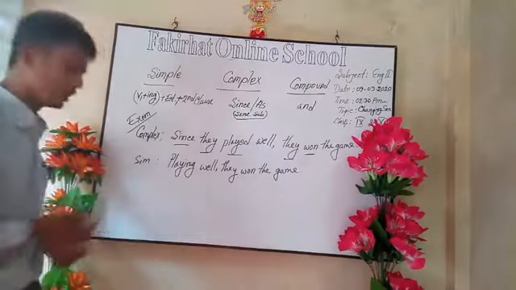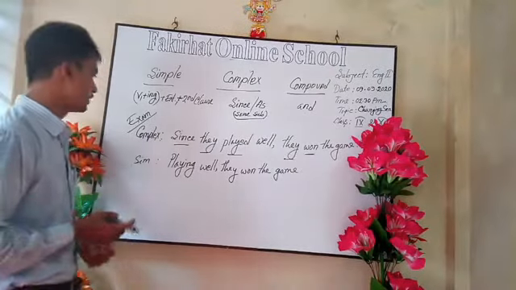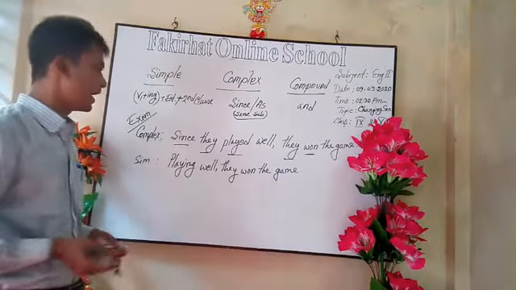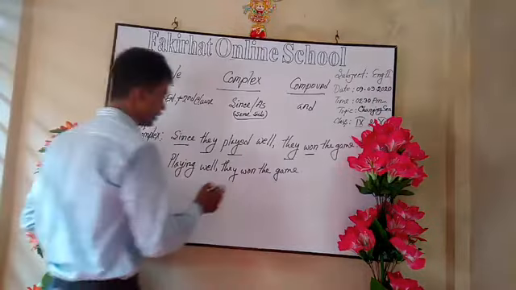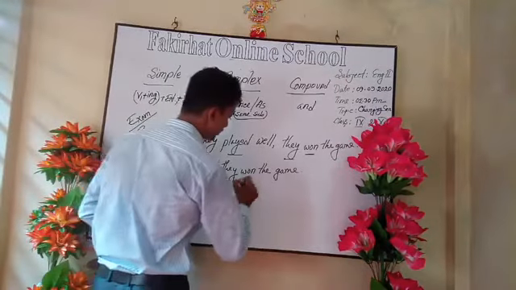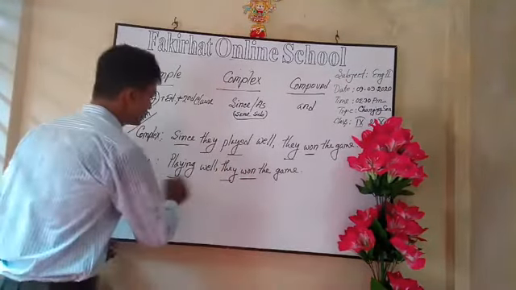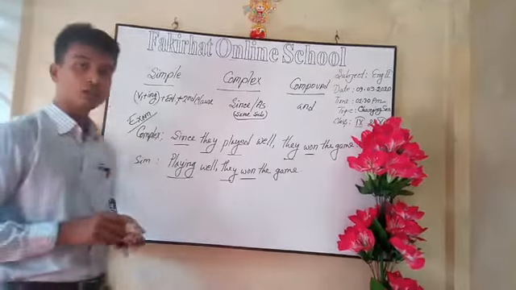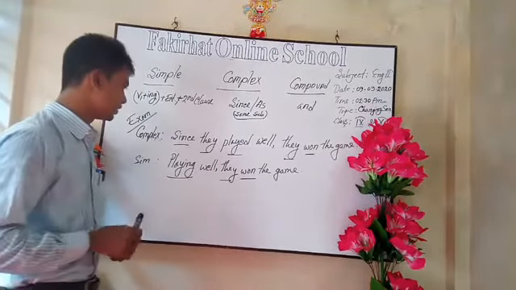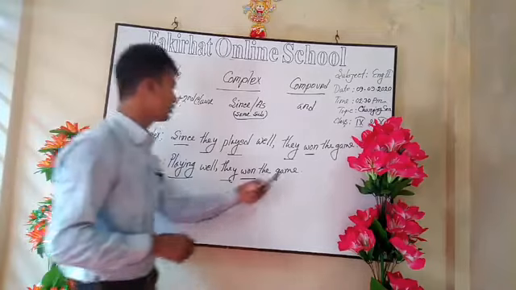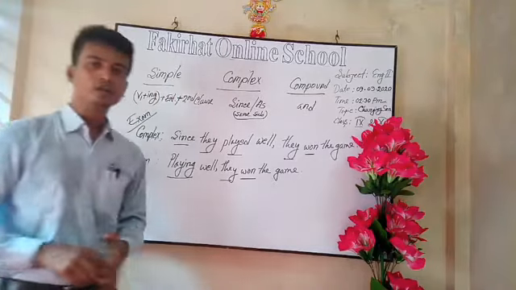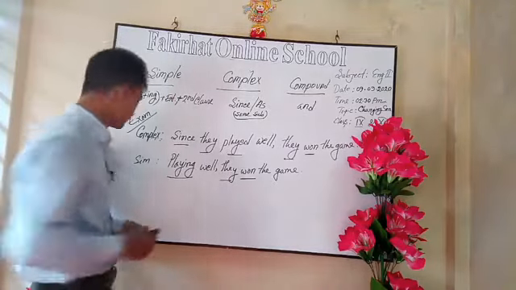Okay, dear students, please look at this sentence. This sentence has only one clause, because one subject and one finite verb. This is a non-finite verb, so this is a simple sentence. Okay, playing well, they won the game. I hope you have understood.